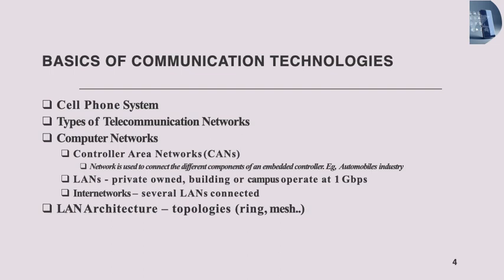And each and every LAN or WAN has its own architecture. Some topologies define the architecture, like ring topology, mesh topology, star topology, etc.